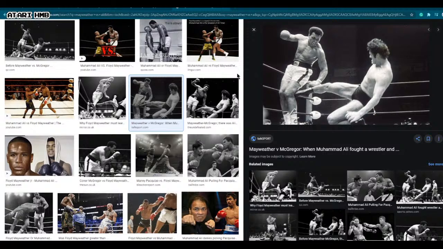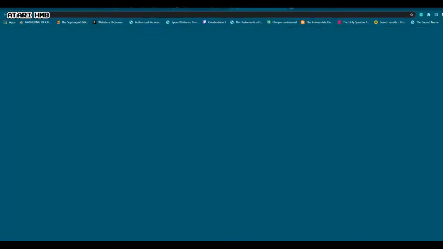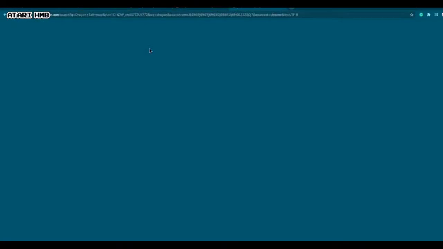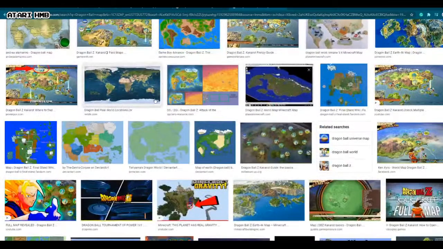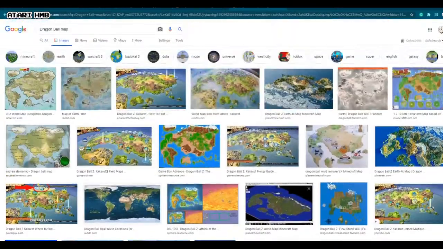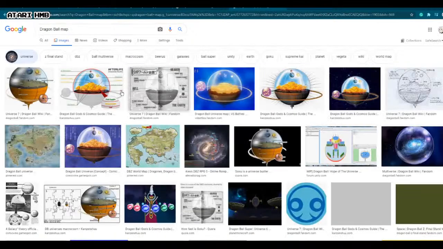Let me put it to you this way. So Dragon Ball has the living world. Let's pull up a map. Dragon Ball map. Let's pull up a map of the universe. Dragon Ball map universe.